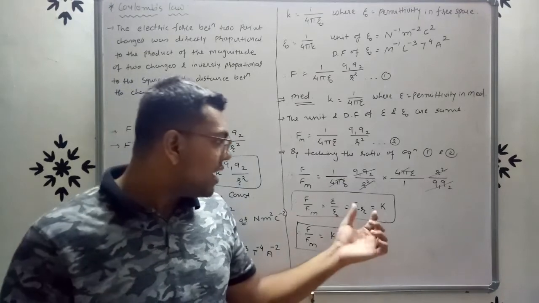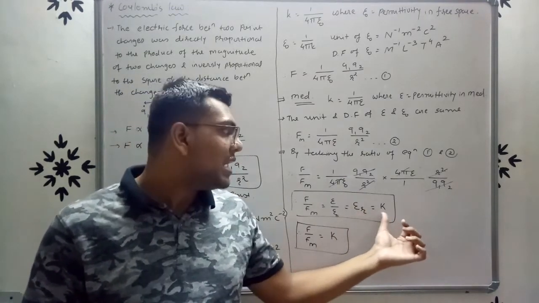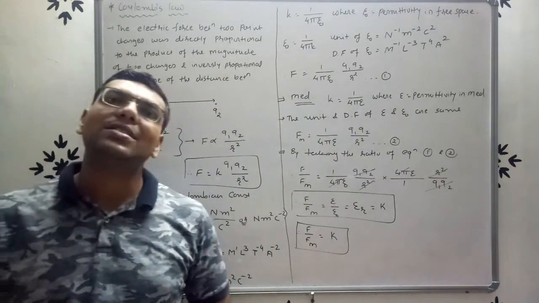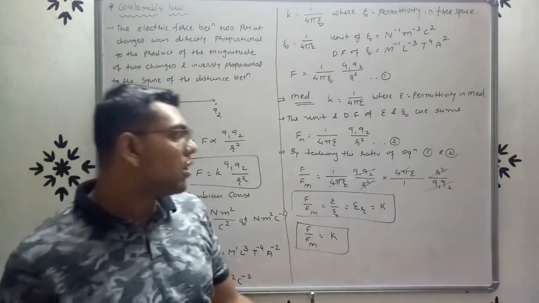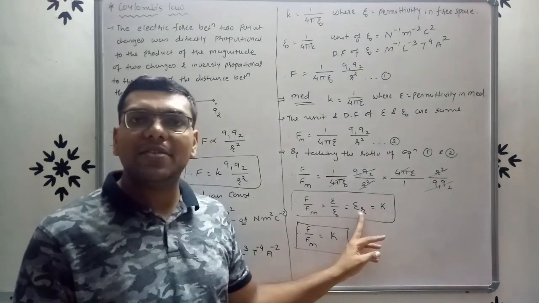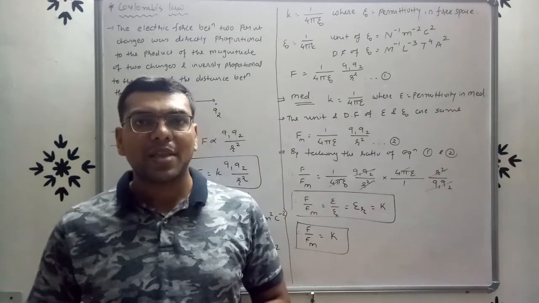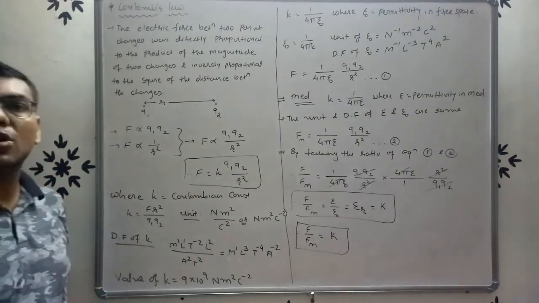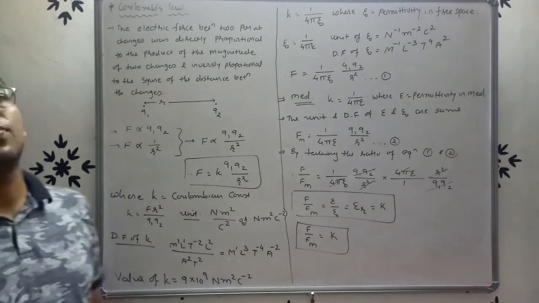So epsilon r, relative permittivity, and dielectric constant are unitless and dimensionless. If I ask you the dimensional formula of relative permittivity, you have to say M0 L0 T0, right? So this is Coulomb's law, or you can say the scalar form of Coulomb's law.